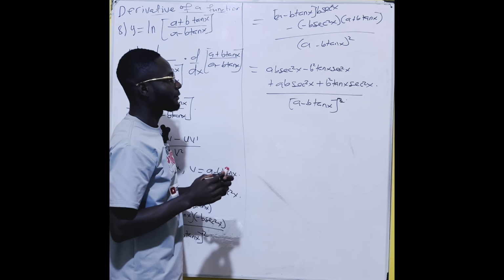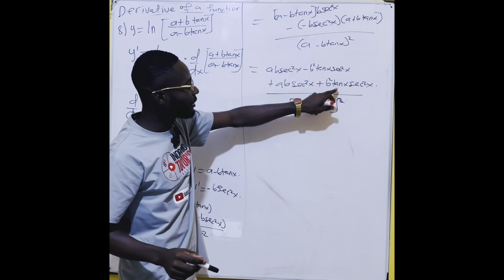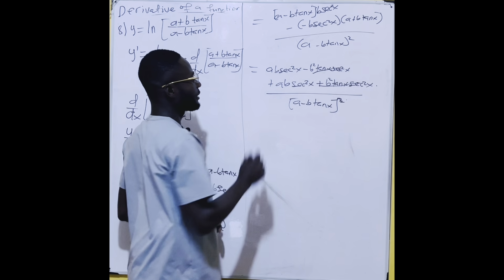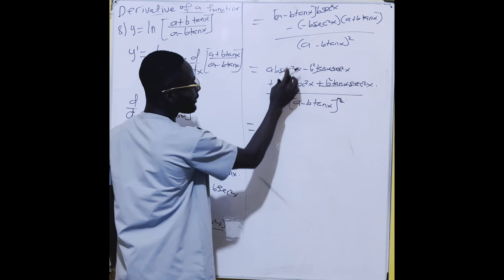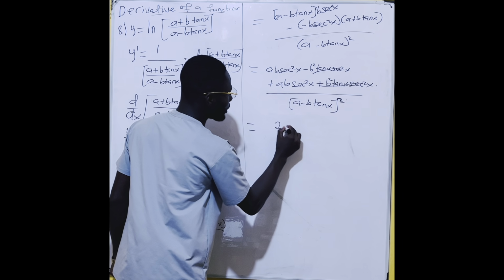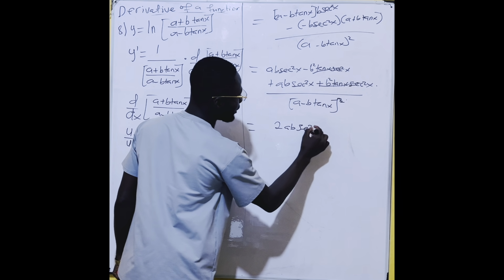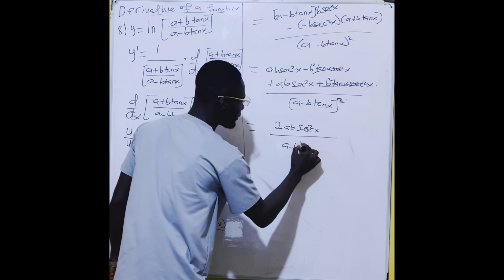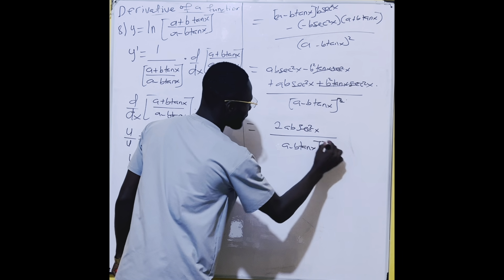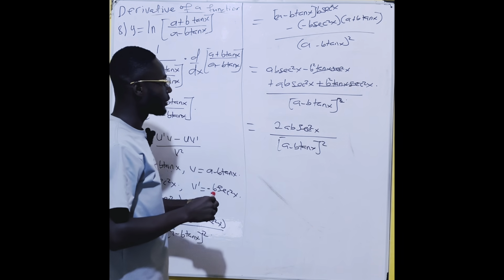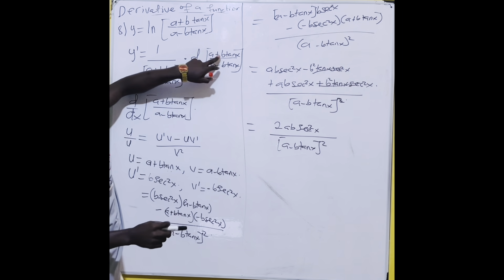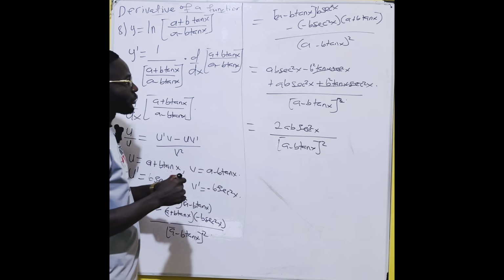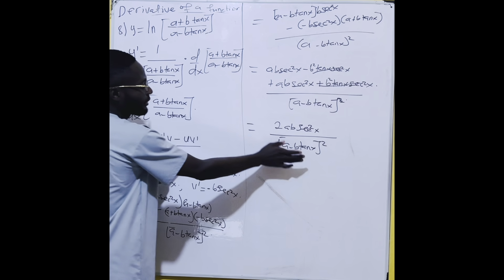And from here, you can see that this is positive, this is negative, so this automatically takes off this. And then this and this becomes 2ab sec squared x divided by (a minus b tan x) all squared. So that is the derivative of (a plus b tan x) divided by (a minus b tan x). So that is what we have for this.